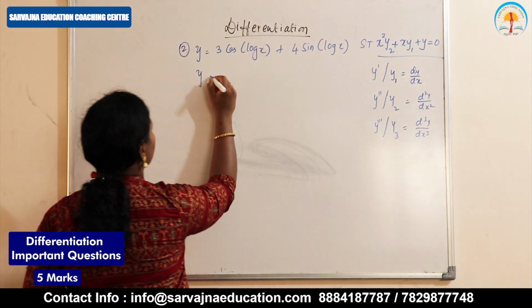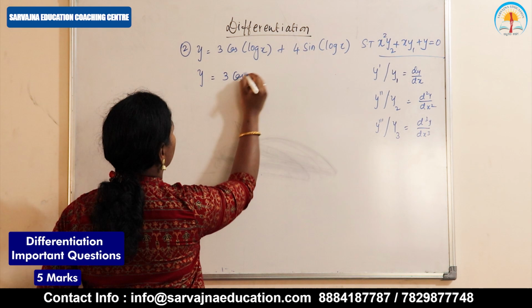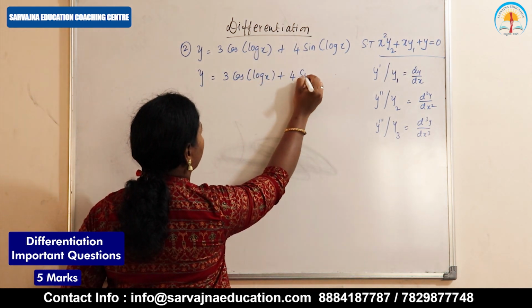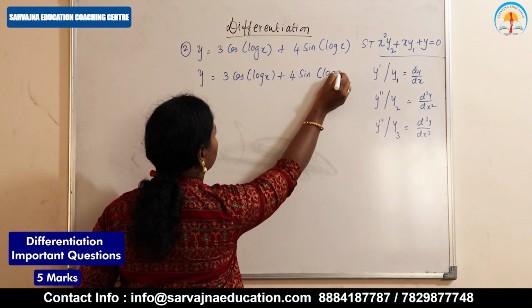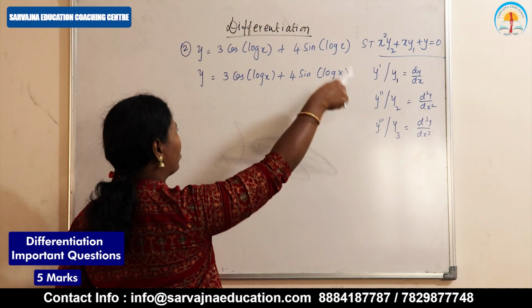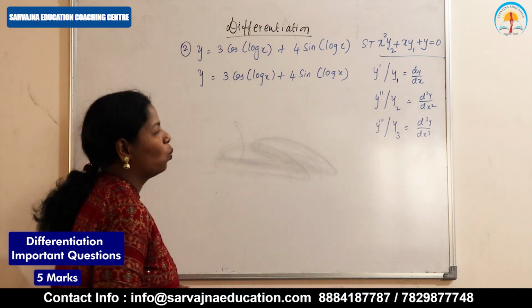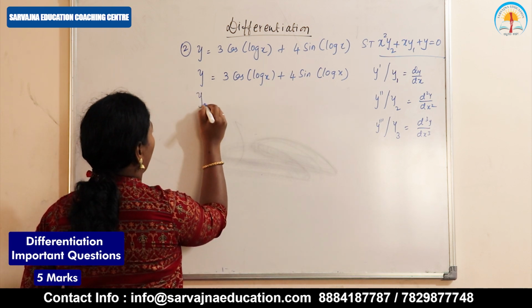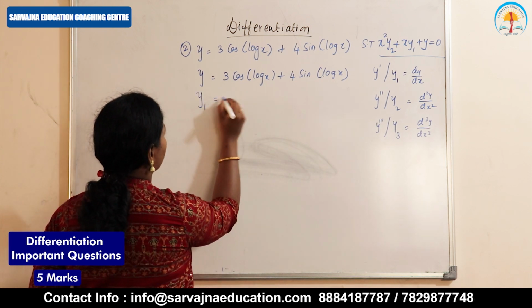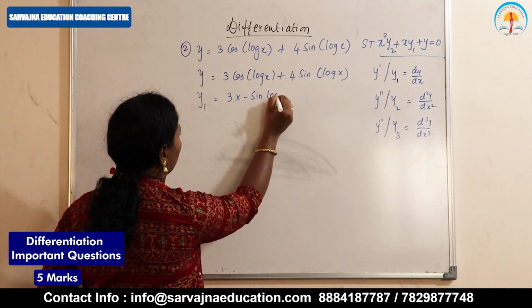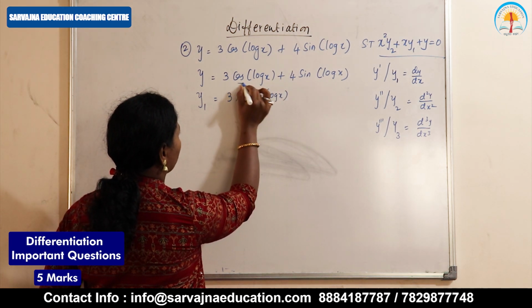We'll see. y is equal to 3 cos of log x plus 4 sine of log x, correct, right? Now we have to do the differentiation because in the question they have mentioned y2, y1. So y1 is nothing but dy by dx, that is 3 into minus sine log x, because it looks like cos x.